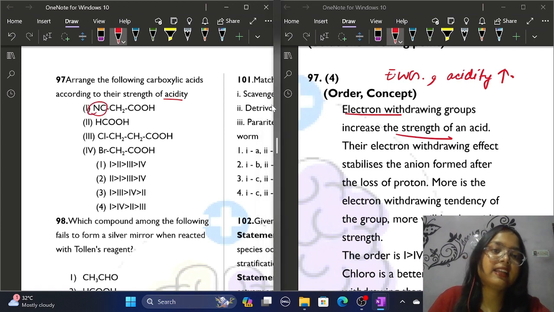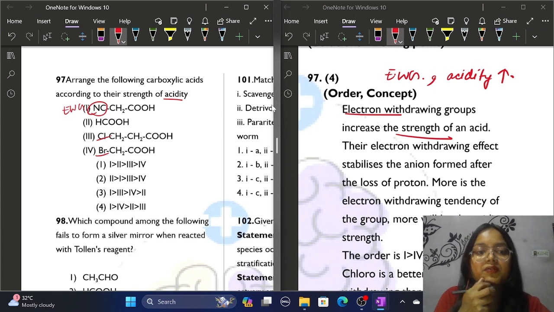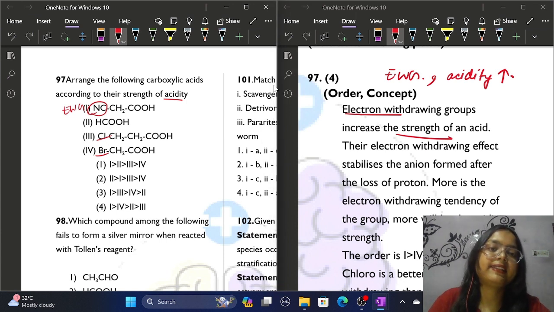Here CN is an electron withdrawing group, and Br and Cl are also electron withdrawing groups. But CN is a strong electron withdrawing group, so the first one will have the greatest acidity among all of these, so option 2 will be incorrect here.